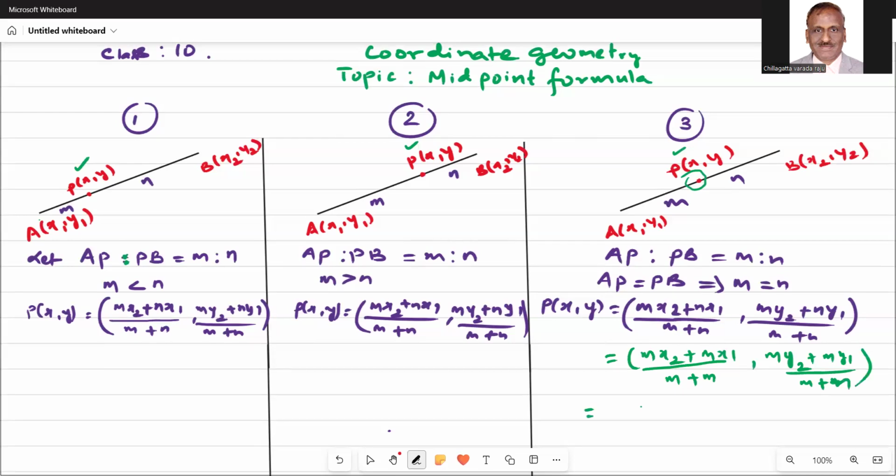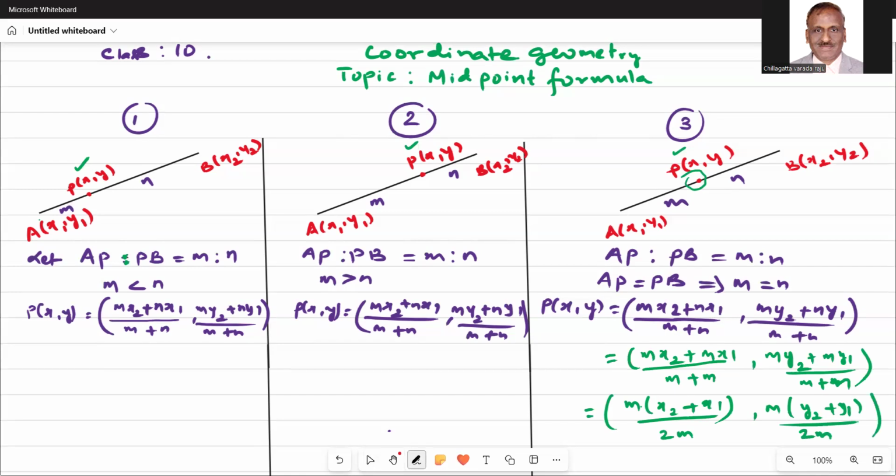You can observe that m is a common factor in the numerator. So if I take out m as common factor, I get m into (x2 plus x1), whole divided by m plus m, which is 2m. And here also m is a common factor, m into (y2 plus y1), upon m plus m, which is nothing but 2m.